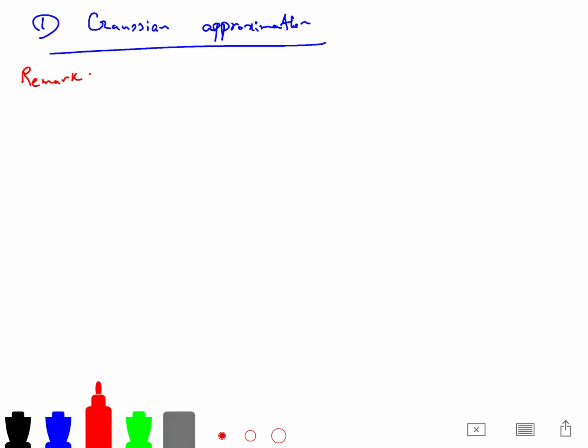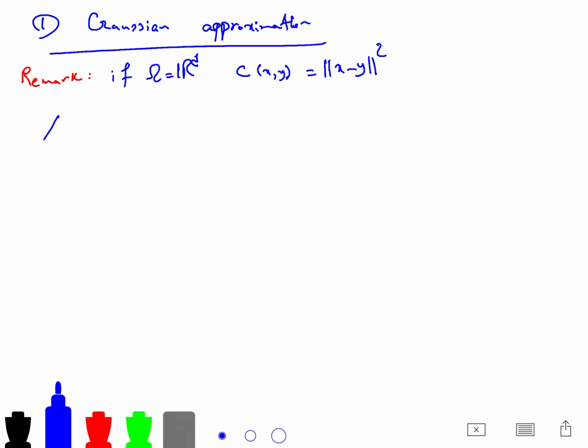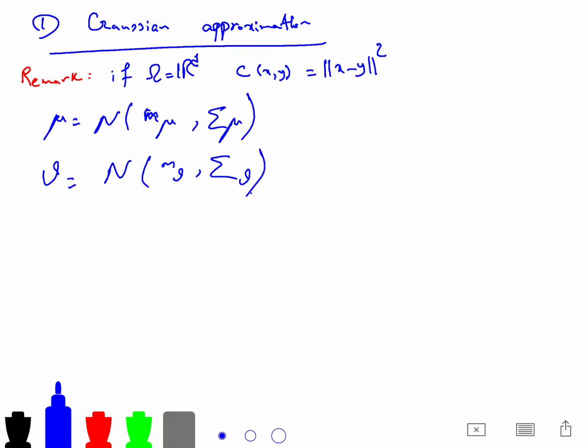And one remark is that if omega is R^d, your cost function is just the distance between x and y, and your measures are just normal distributions: mu is a normal distribution with mean m_mu and covariance sigma_mu, and for class nu, again it's a normal distribution with mean m_nu and covariance sigma_nu.